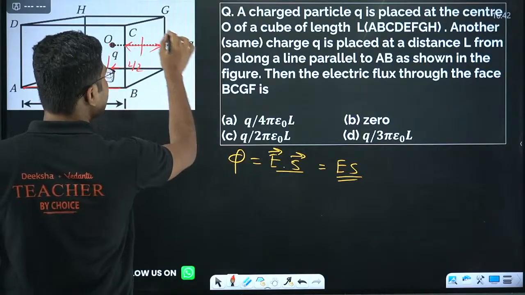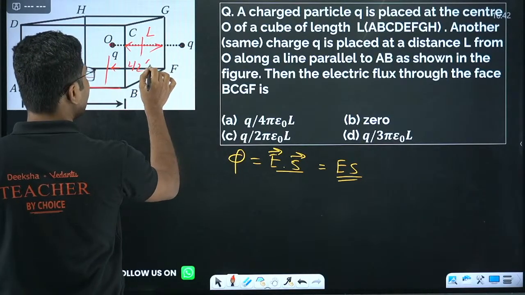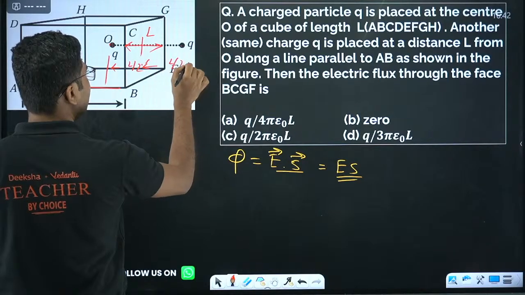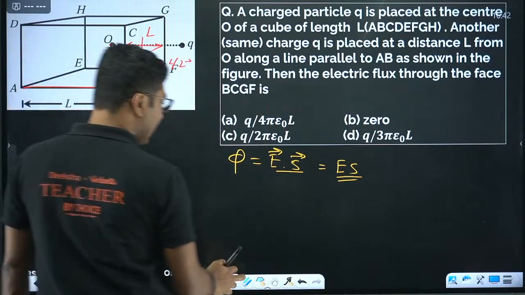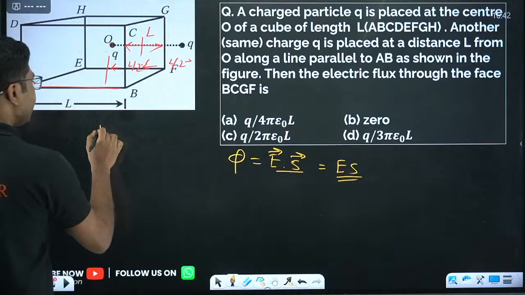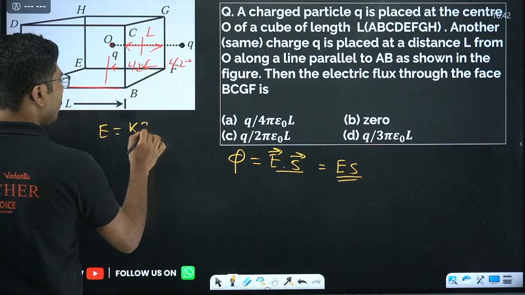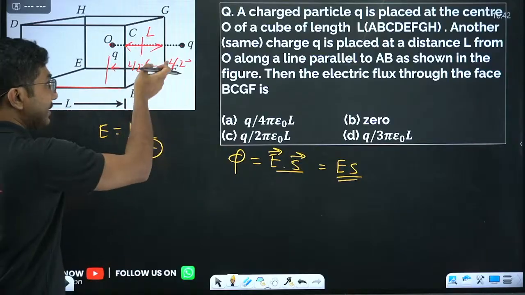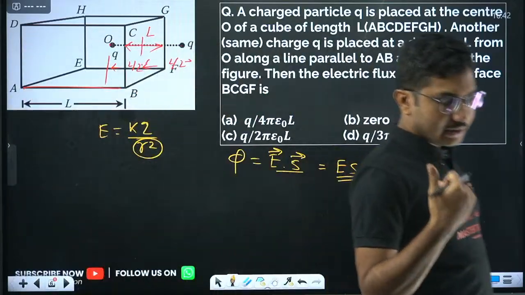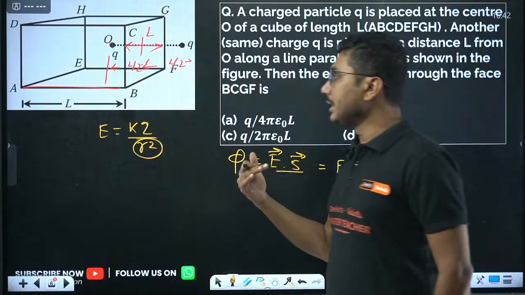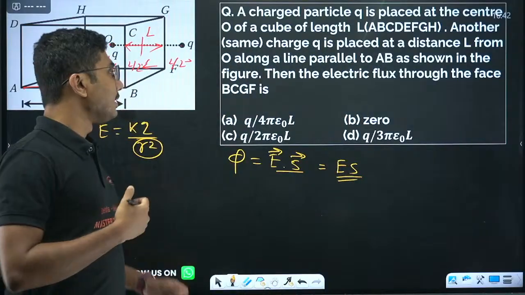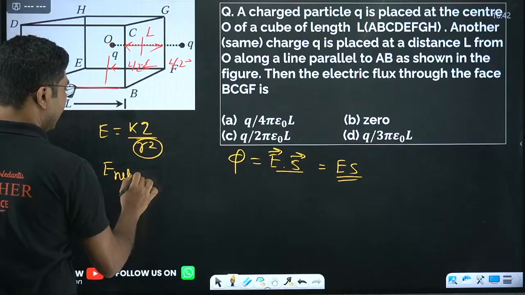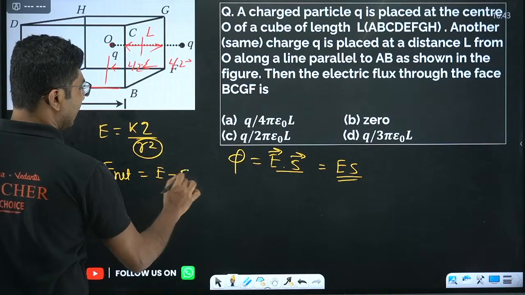And this total length is also L, so this distance should also be L by 2. So both distances are L by 2. Now we know that electric field is given by E equals K q by r squared. Here r squared is the same. Their directions are opposite, so magnitude wise they are the same, direction wise they are opposite. That means their net electric field will be E minus E. One is positive.